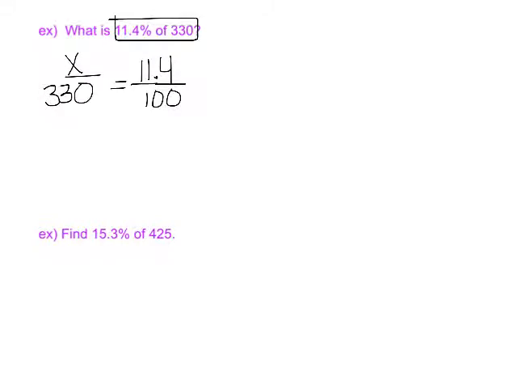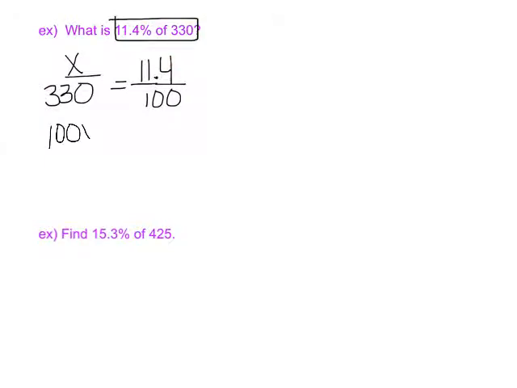What is 11.4% of 330? So here is what I'm multiplying together. I'm going to have that 11.4 over 100 equals whatever that number is that I don't know, over 330. And when I cross multiply, those two are going to be multiplied together.